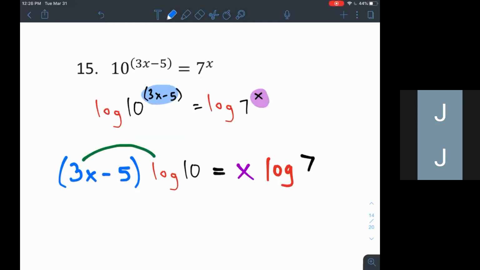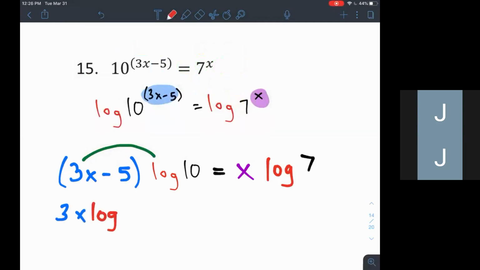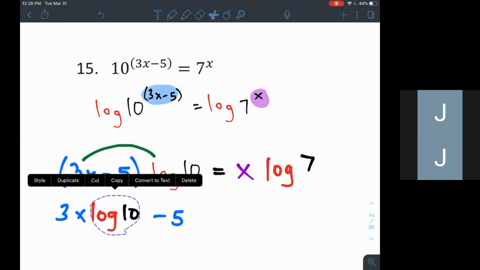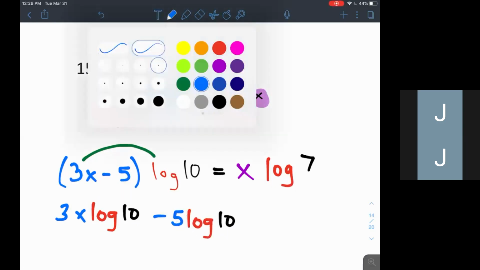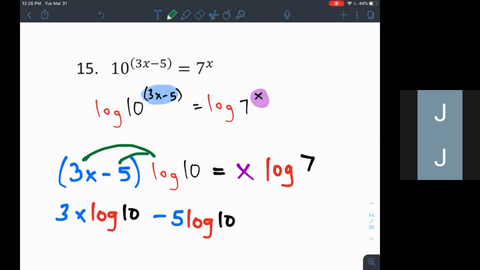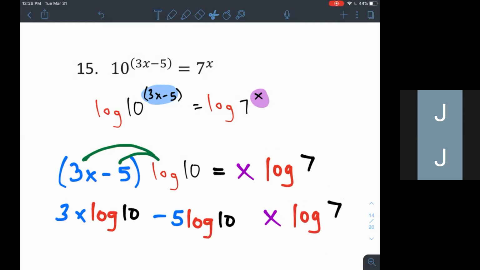So now we have 3x log 10, minus 5 times log 10. This is all I'm doing here, executing the distributive property denoted with these green curves on top. And that's still equal to x times log 7.